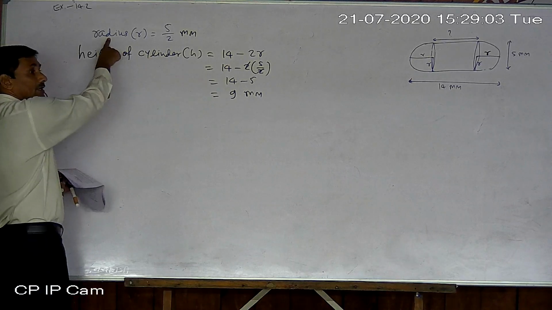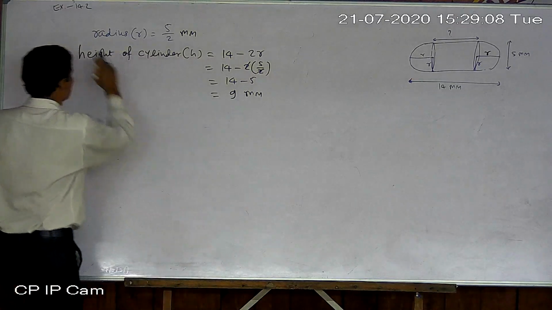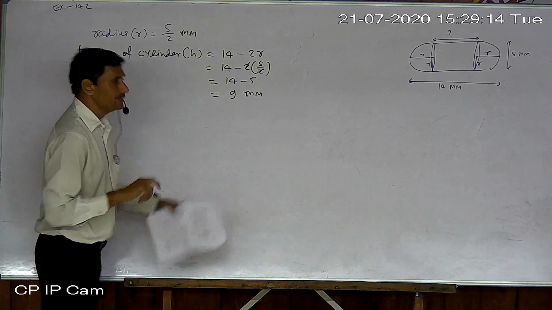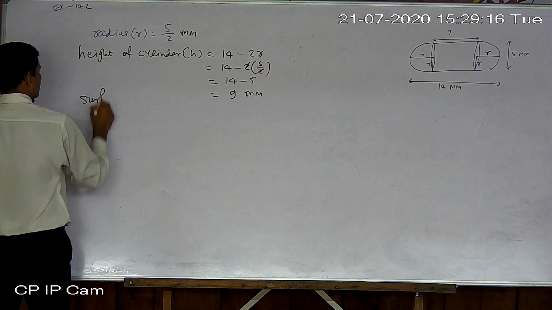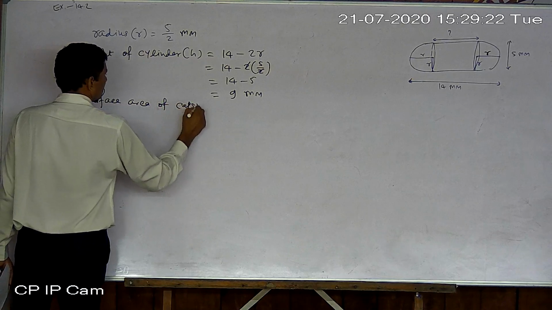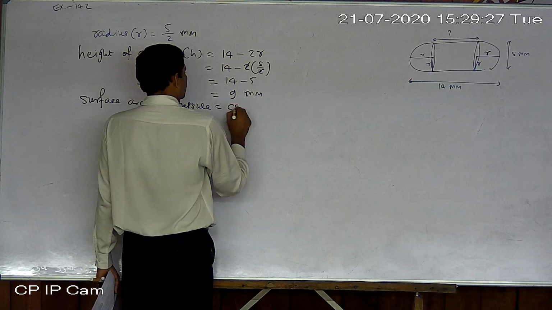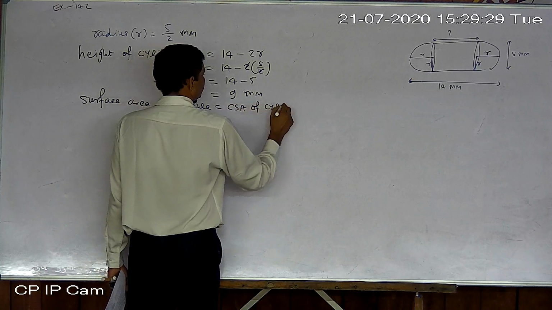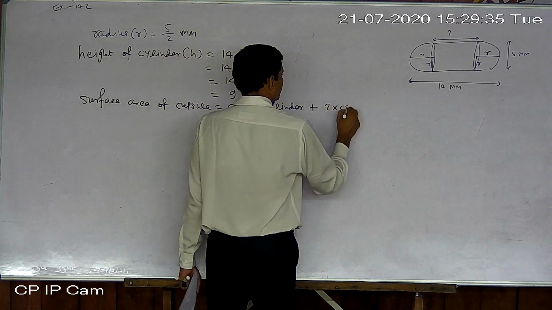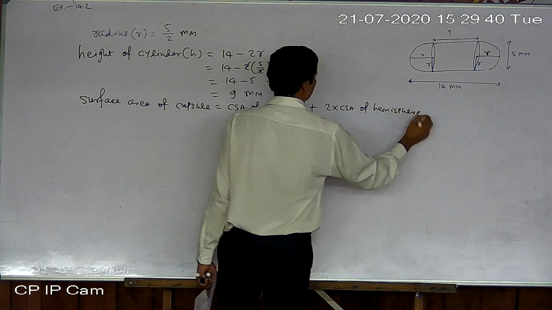Radius is what? Radius of the cylinder as well as radius of the hemisphere. So nothing else is specified here. Now write down whatever they are. Find the surface area. So write down the surface area of the capsule. Surface area of capsule equals CSA of cylinder plus 2 times CSA of hemisphere. Two hemispheres means what?